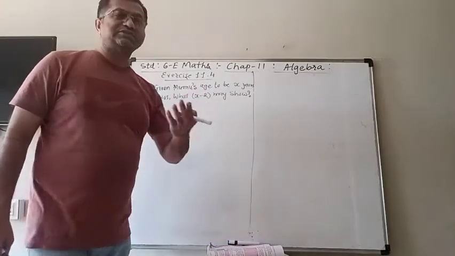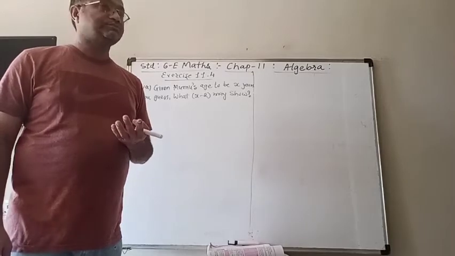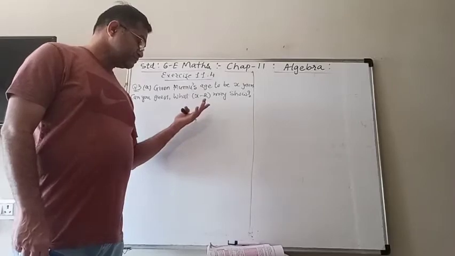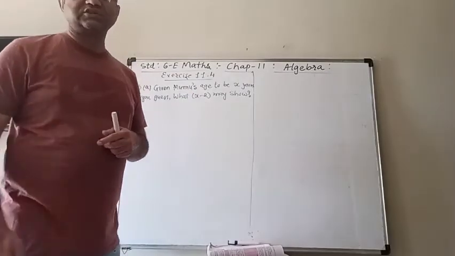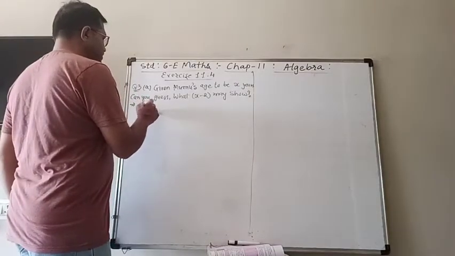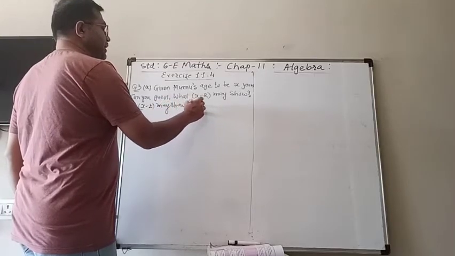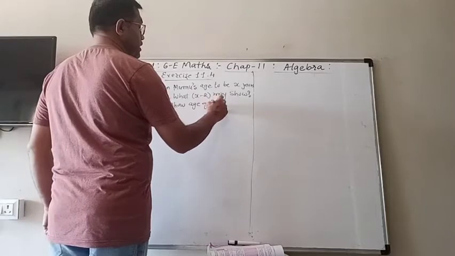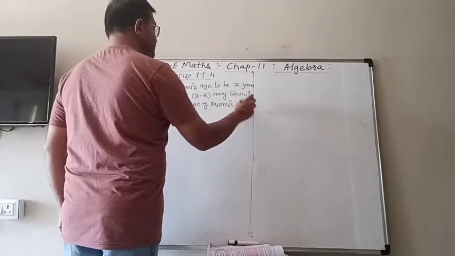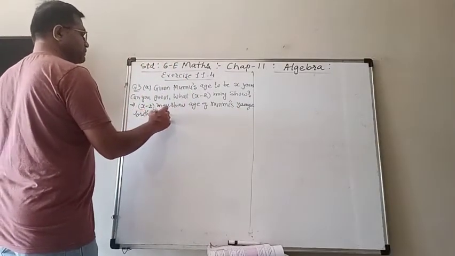Now X minus 2 means somebody in his family who is 2 years younger than him. So you can say X minus 2 can be Munnu's younger brother's or sister's age. So we can write: X minus 2 may show the age of Munnu's younger brother or sister.